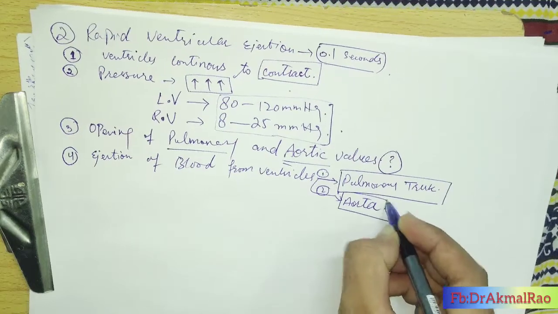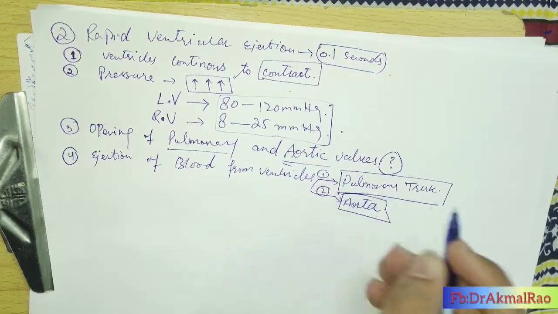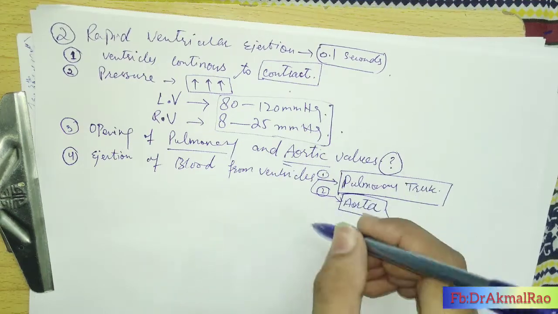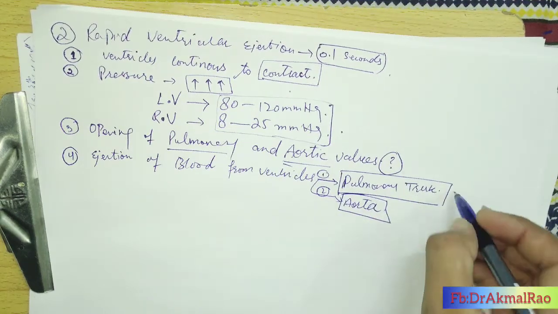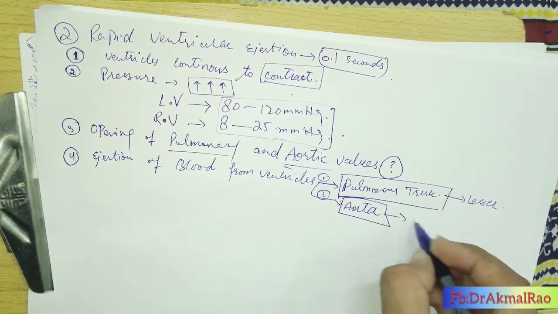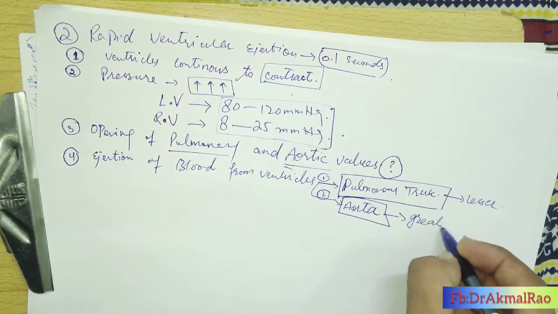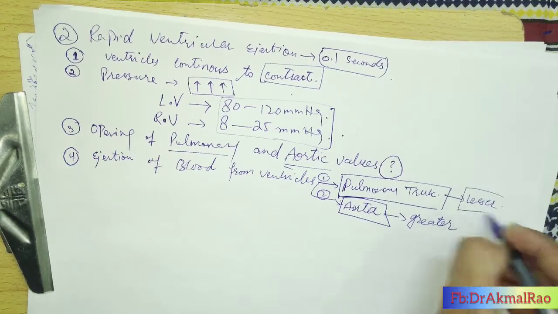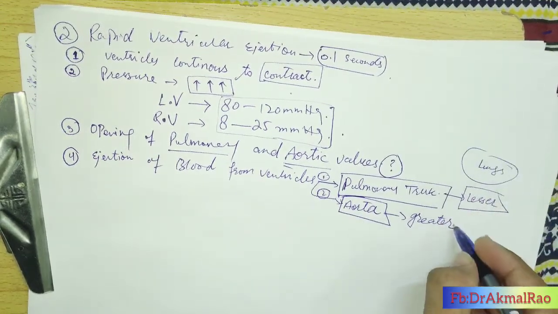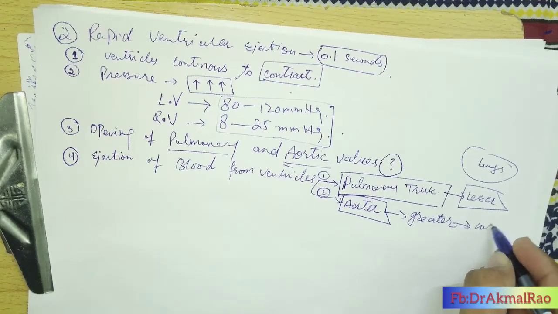If you remember, in our last lecture we studied systemic and pulmonary circulation. This was the lesser circulation, this was the greater, because it is going towards our lungs and this is going towards our whole body.